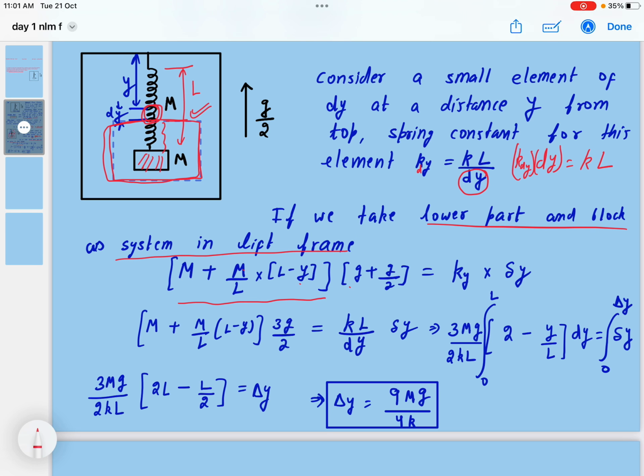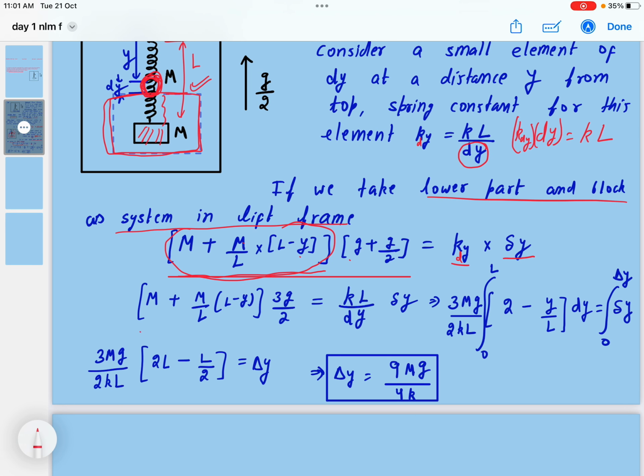So the pseudo force acting on our system is mg by 2, right? Here m is the total mass of our system. So adding up, I am getting the total gravitational force in the lift frame. It should be equal to the spring force exerted by a small elemental spring above our system, right? So this part is k dy into del y.